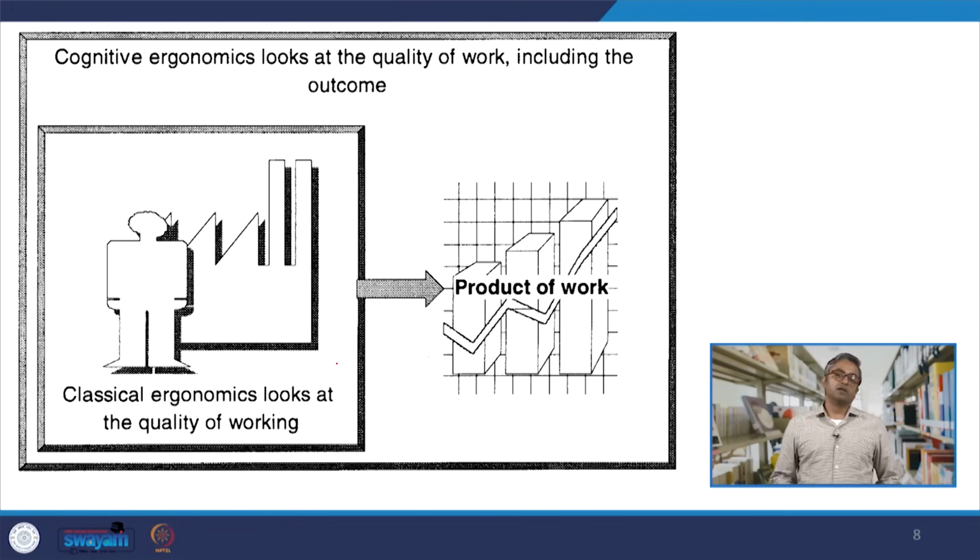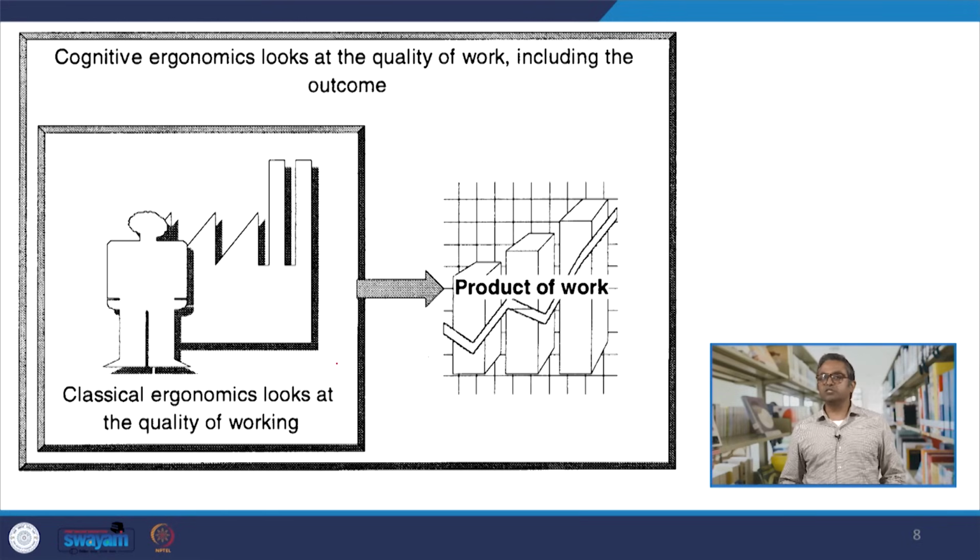It has been seen and reported also that the quality of work decreases over a period of time. If an older employee stays in an organization more than 30 years, his efficiency, his performance, his quality of work seems to be less than those employees who have been associated with the organization in the initial years, let's say 10 years.